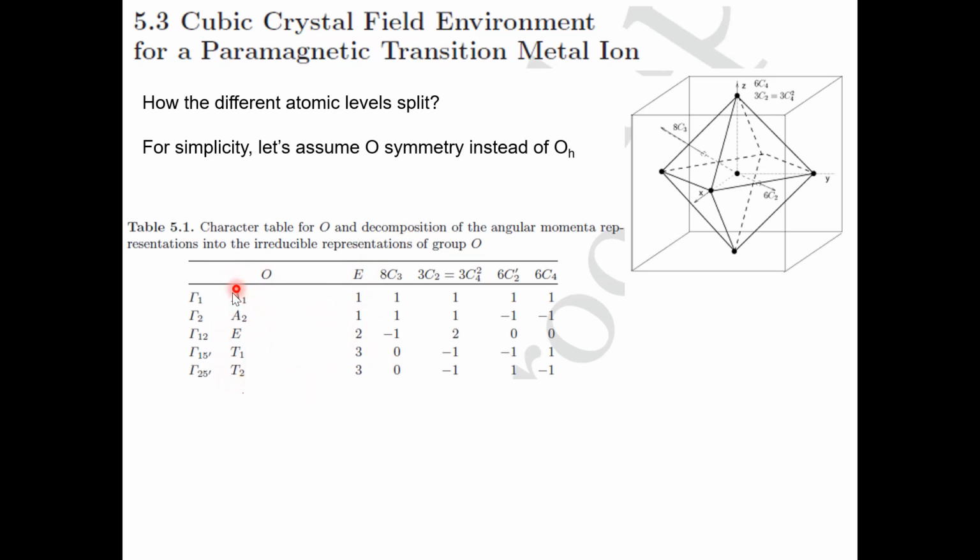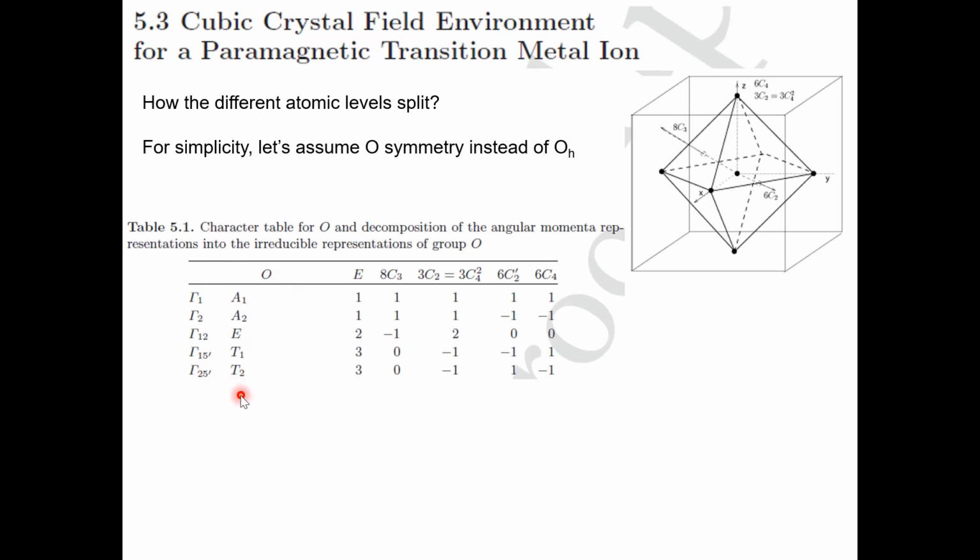I list here the different irreducible representations. For this case, I have 2 1D irreducible representations, 1 2D, and 2 3-dimensional irreducible representations. These are notations for the different irreducible representations using 2 different systems.